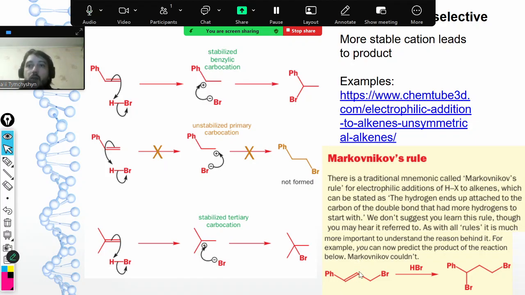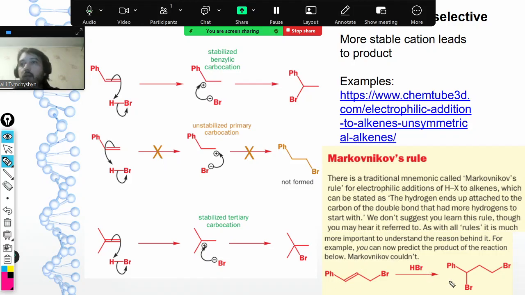So you have an equal number of hydrogen atoms on both of these carbon atoms, but if you create a carbocation, so you get, let's say, a plus charge here, when you remove something, you can stabilize and delocalize that charge into the ring, and you get a much more stable carbocation than if you have this positive charge here, where there is nowhere to delocalize it, or you cannot delocalize it so effectively as in this case.